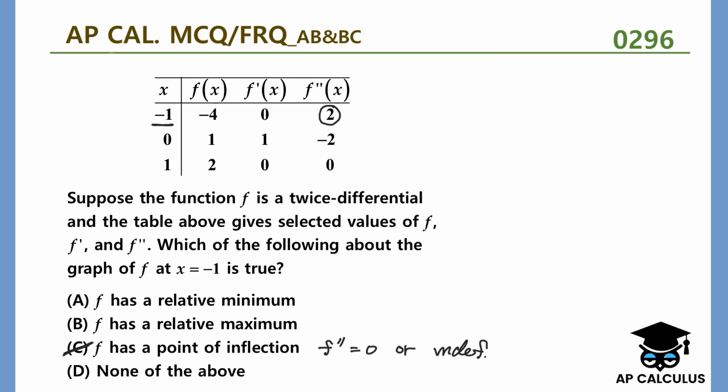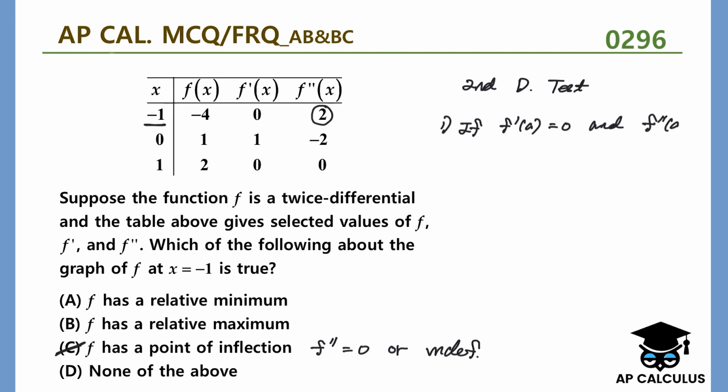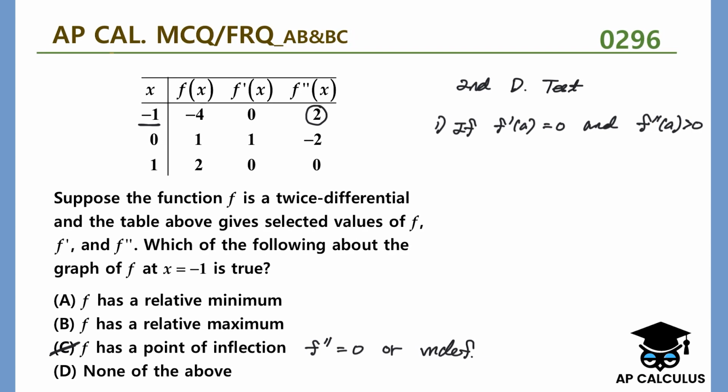Using the second derivative test, number 1, says that if f prime of A is equal to 0 and f double prime of A is positive, then think about the graph of f.